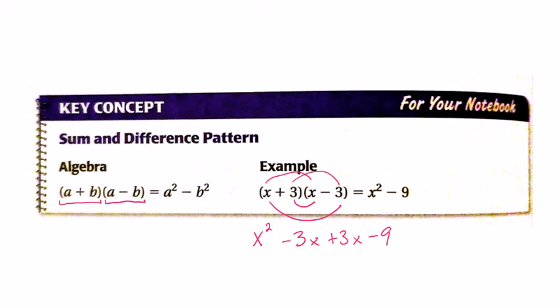So if I have a sum and then a difference of the exact same variables and numbers, then the two middle terms are always going to cancel out. So negative 3x plus 3x equals 0. So I'm always going to end up with the square of the first term minus the square of the second term.